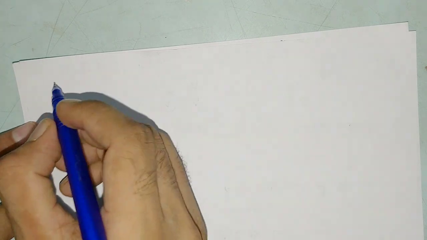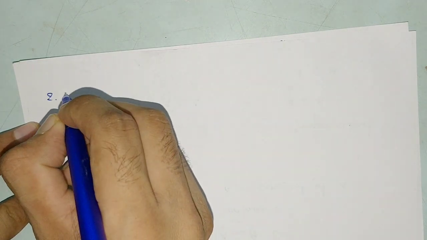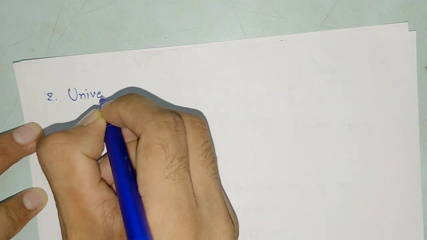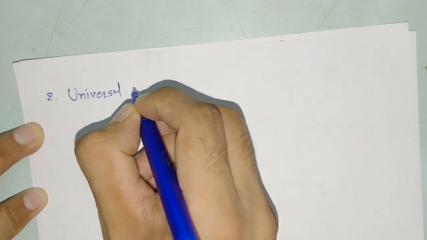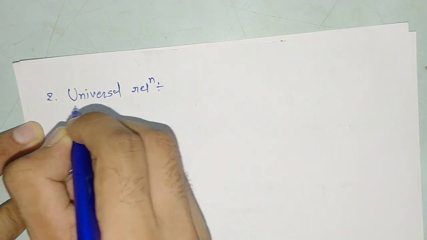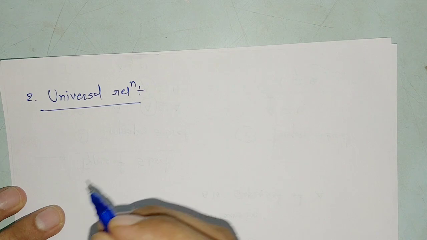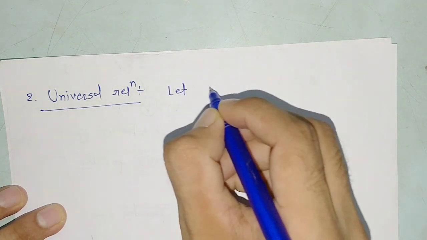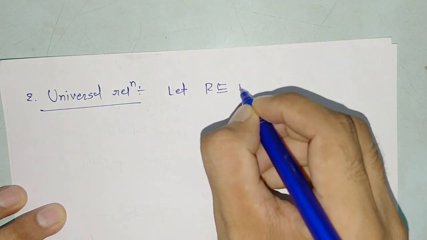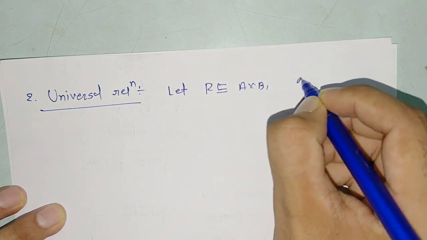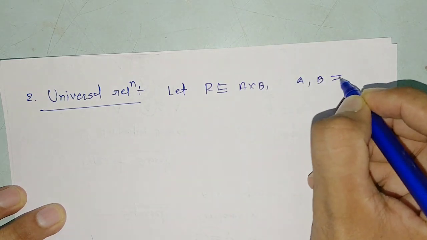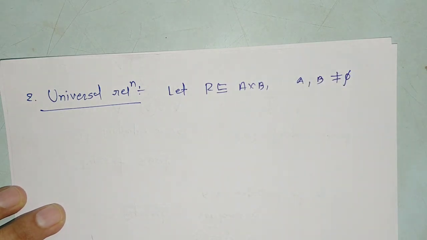So the next type is type 2, universal relation. Same approach. Let R be a subset of A cross B, where A and B both are not empty.